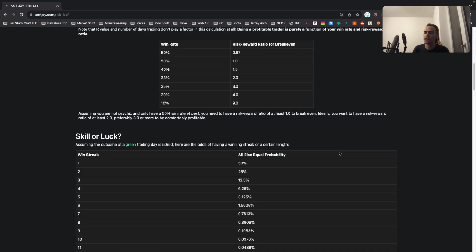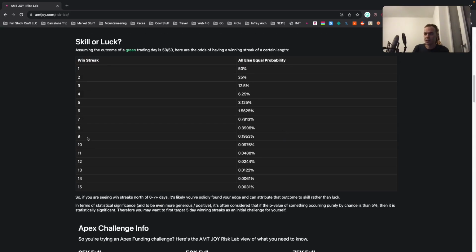We got a table here with skill or luck. This one I've been using recently. I've been on a really hot win streak, and this just displays the all else equal probability. Basically, if you were flipping a coin, of having a green day, it's a 50-50% chance with no outside influence.